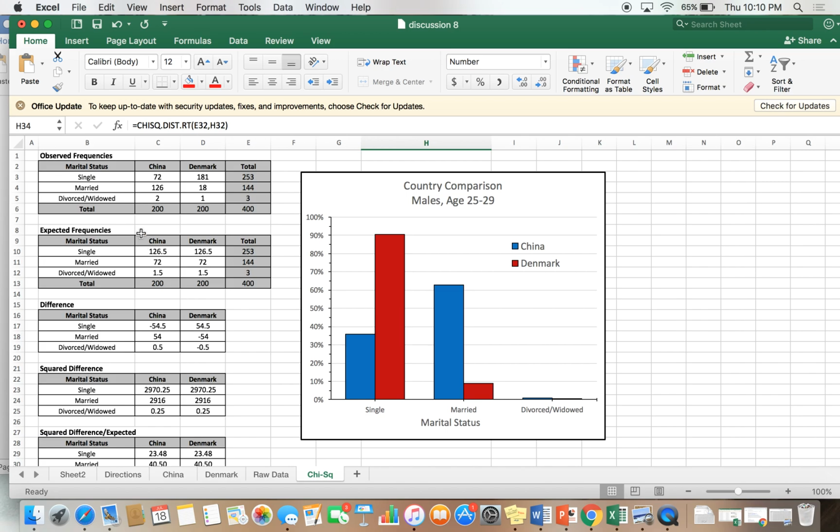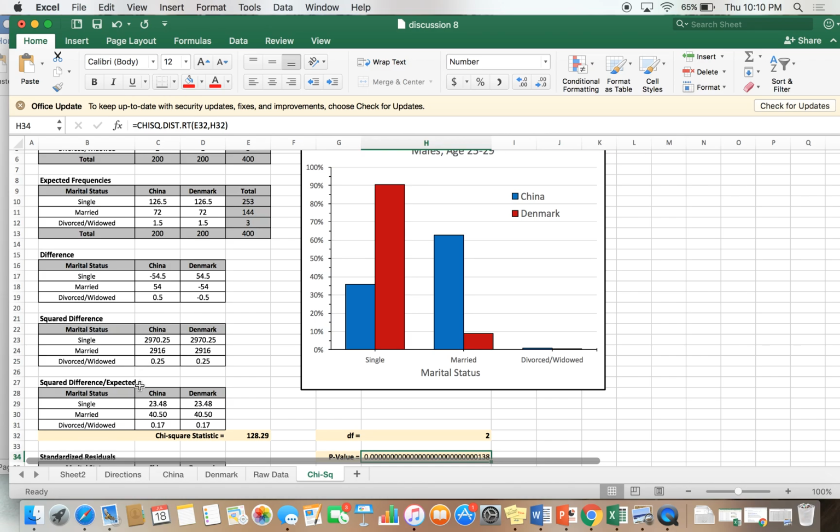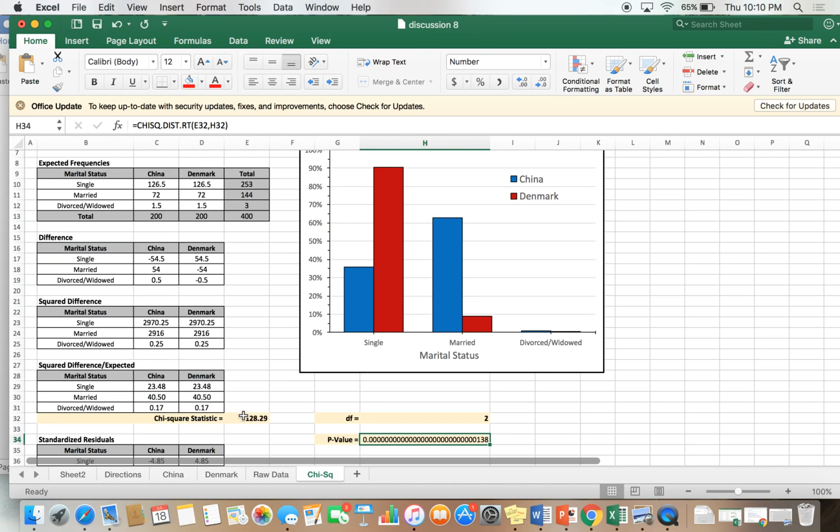So here we go. We have our expected frequencies, which of course is just cutting everything down the middle for all. And then we have our observed frequencies. So we took our observed and our expected and got the differences. We squared those differences and divided them by our expected to come up with our chi-square statistic of 128.9.